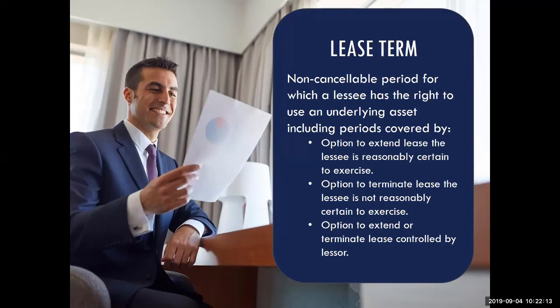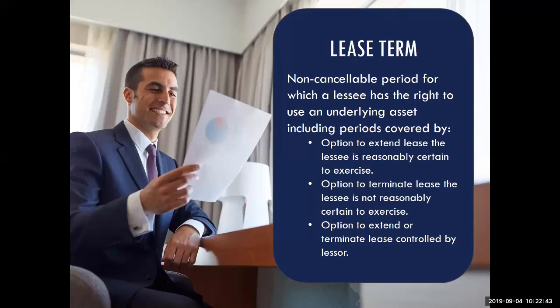Really that part comes down to a term called reasonably certain within the standard. Are we reasonably certain to extend that lease? Are we reasonably certain not to terminate that lease for that period? And also, if that renewal portion is controlled by the lessor to extend or to terminate that lease, then that has to be included. So there's a lot of factors that go into this reasonably certain. We're going to talk about that in a second.